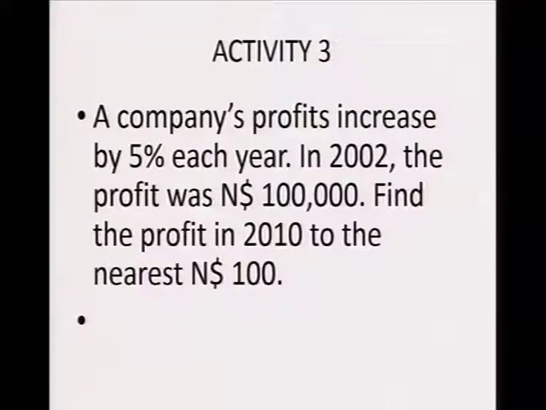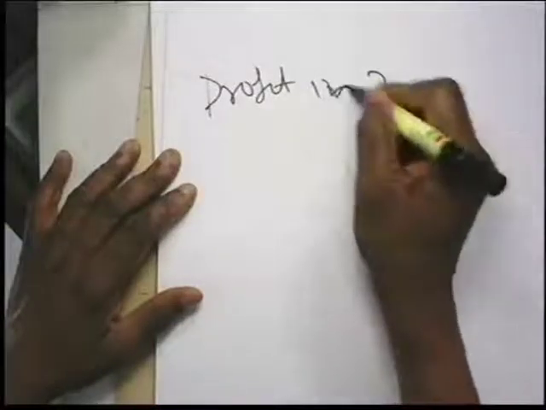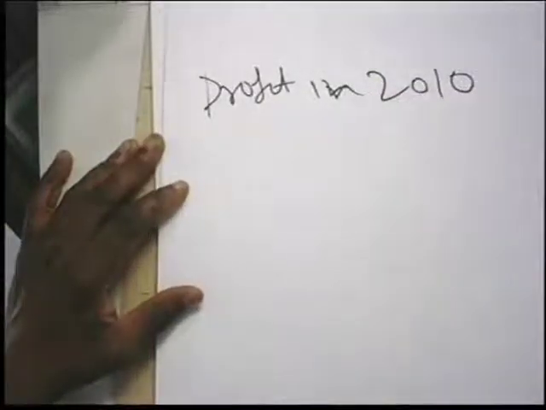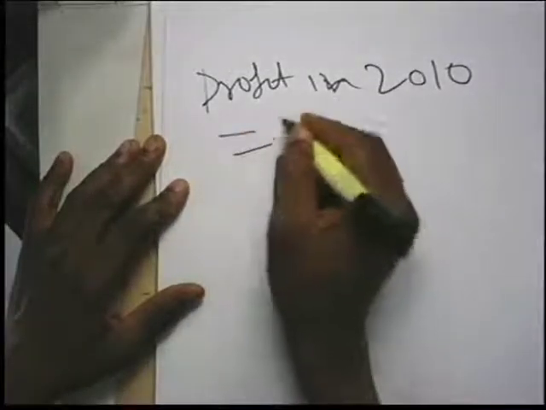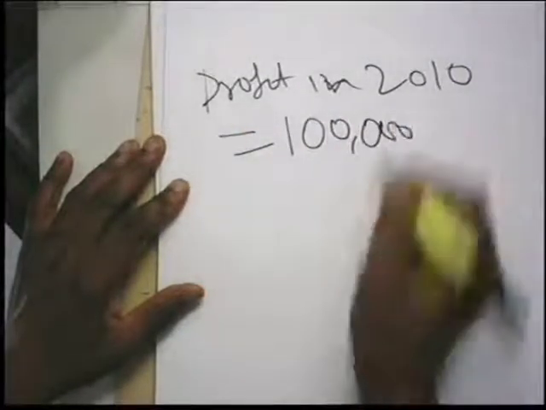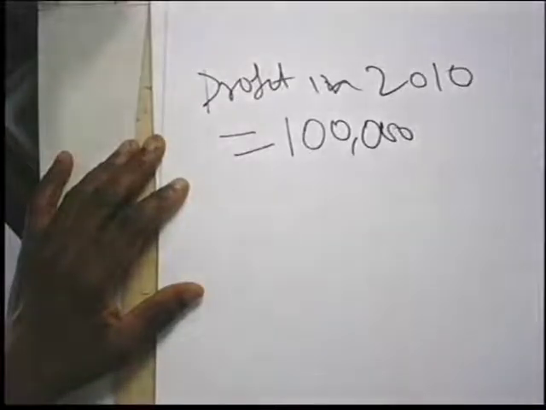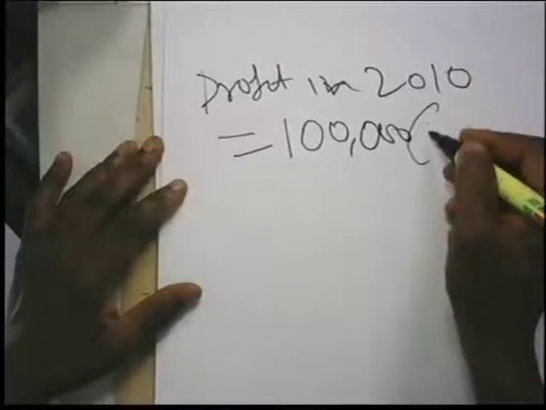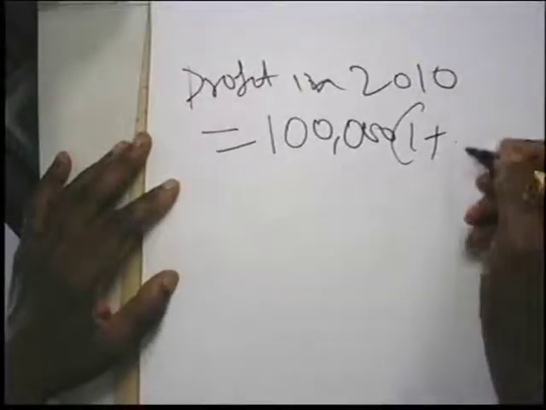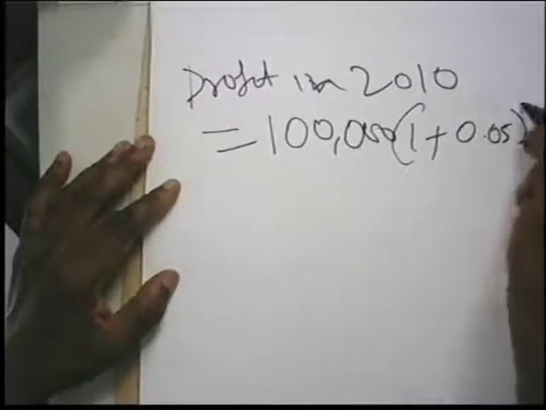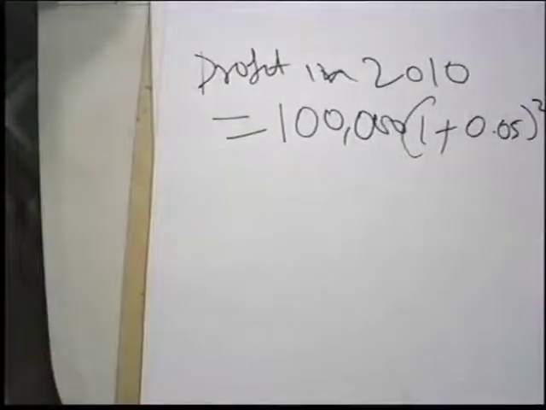This is what I expect you to do here. Here, you will just come and say profit in 2010 equals 100,000 into bracket 1 plus 0.05, talking about the percentage we are trying to increase.